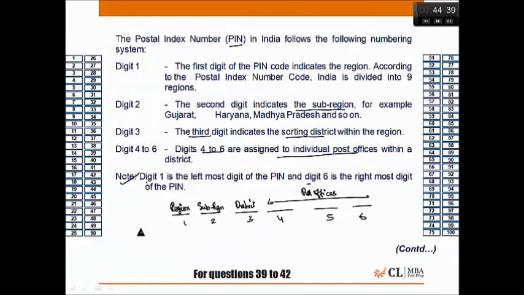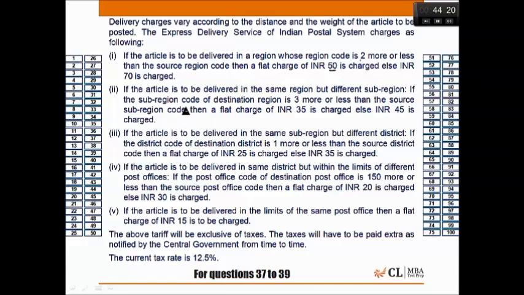So if region 1 minus region 2 equals 2, then it is 50, else it is 70, which means the same, no charge. Okay, so that is one case. If the article is delivered in the same region but a different sub-region, and the sub-region code of the destination is 3 more or less than the source code, then 35 is charged.